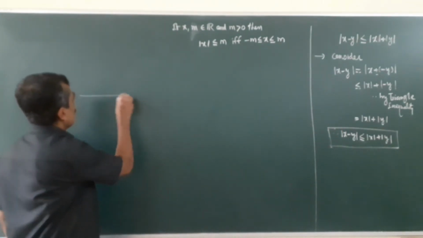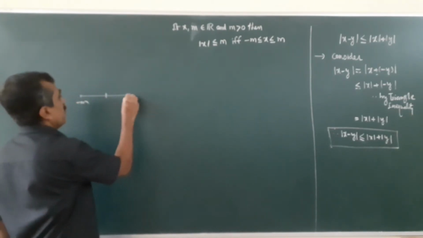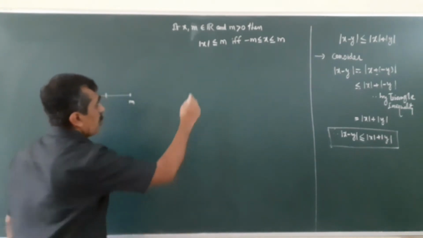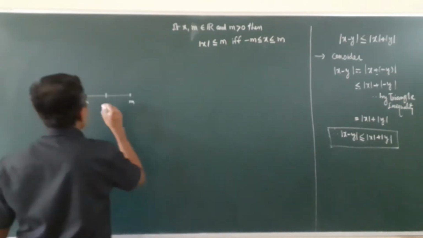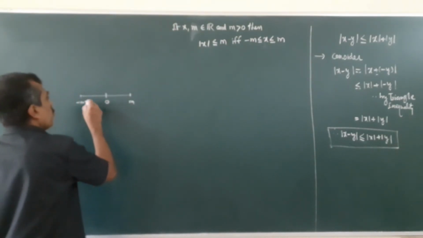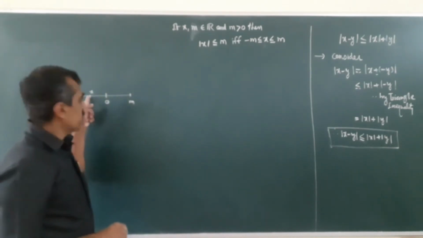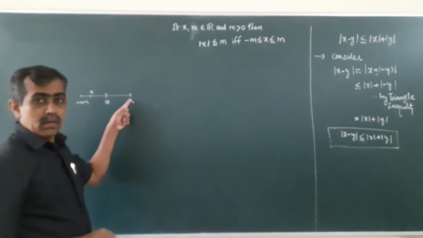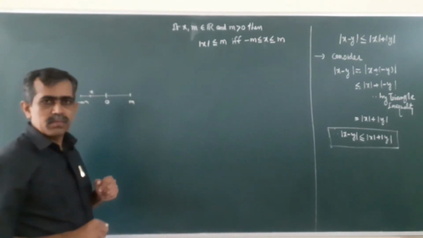See for example here, suppose here is minus m and here is m. If your x lies between minus m and plus m, suppose here is origin 0, and x is here, then x lies between minus m and plus m.